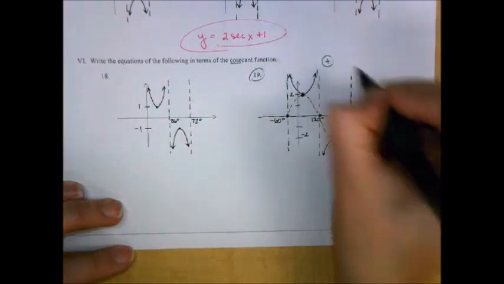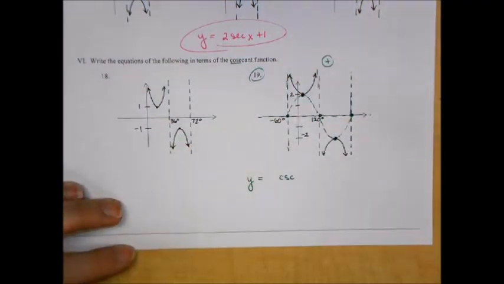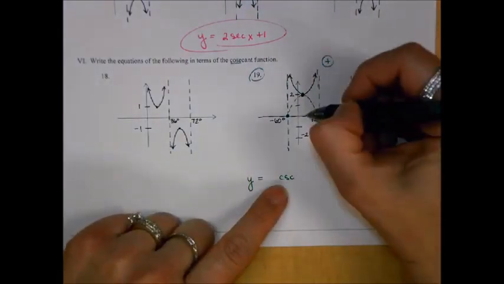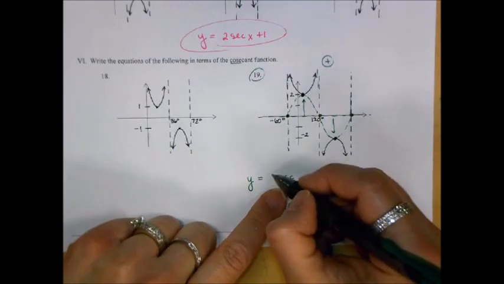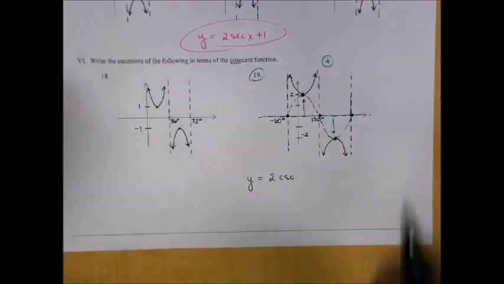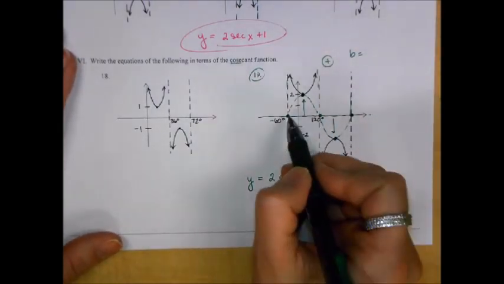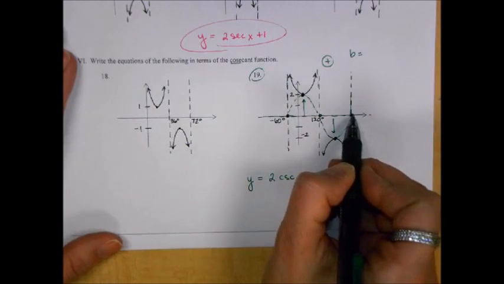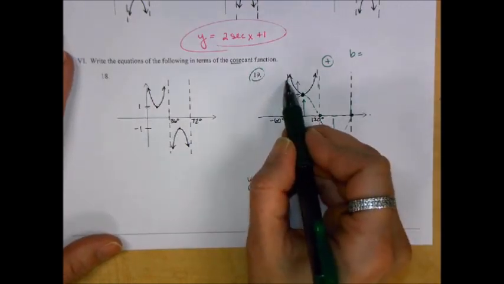My leading term is that distance from the equilibrium to the max or to the min, which is 2 units. The b value comes from the period length. So we're going from negative 60 to some unknown value. Now, they gave that this first vertical asymptote is at negative 60 degrees. This one here is at 120.